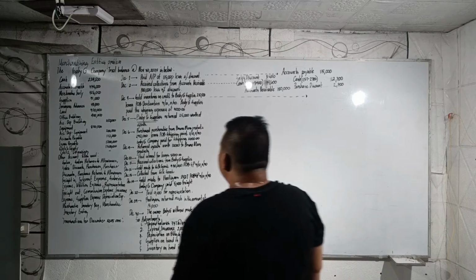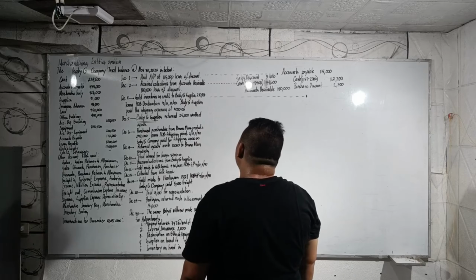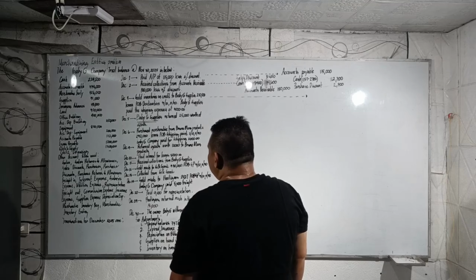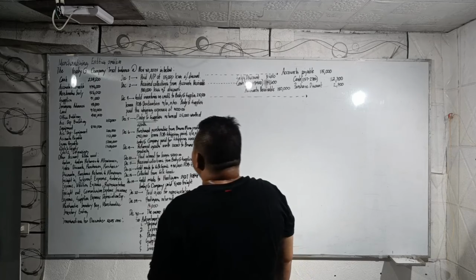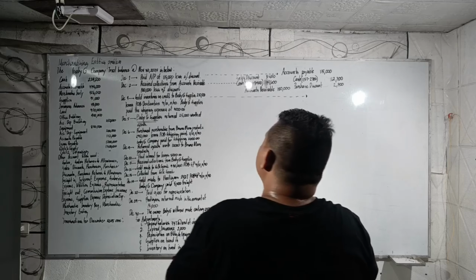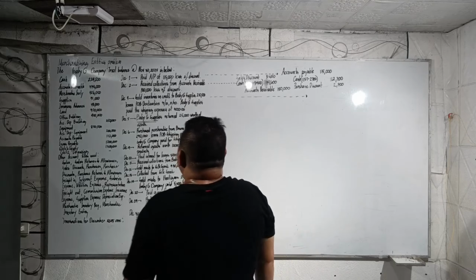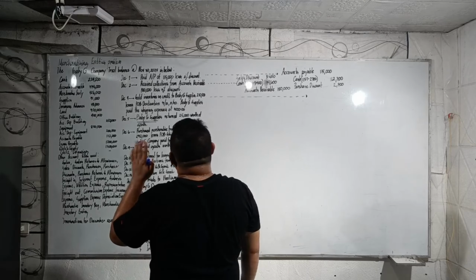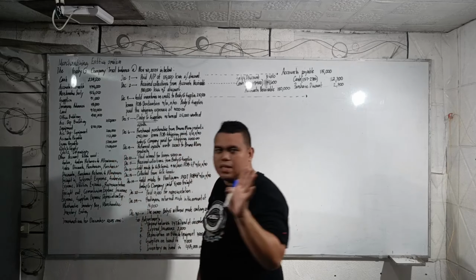The terms are FOB destination, 3, 10, and 30. So what does this mean? Again, FOB destination just means that the seller should be the one who will pay for the freight. As easy as that.